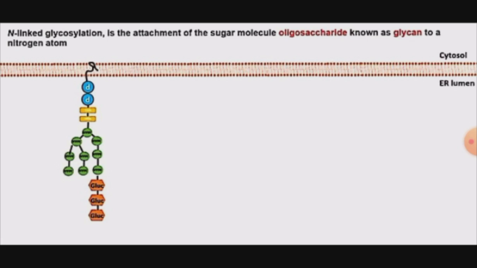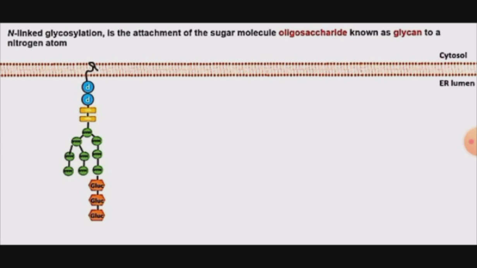It's just like a seal meant only for a specific organelle. For example, if this protein is targeted for the lysosome, it won't go to the plasma membrane or any other place. It will only go to the lysosome.